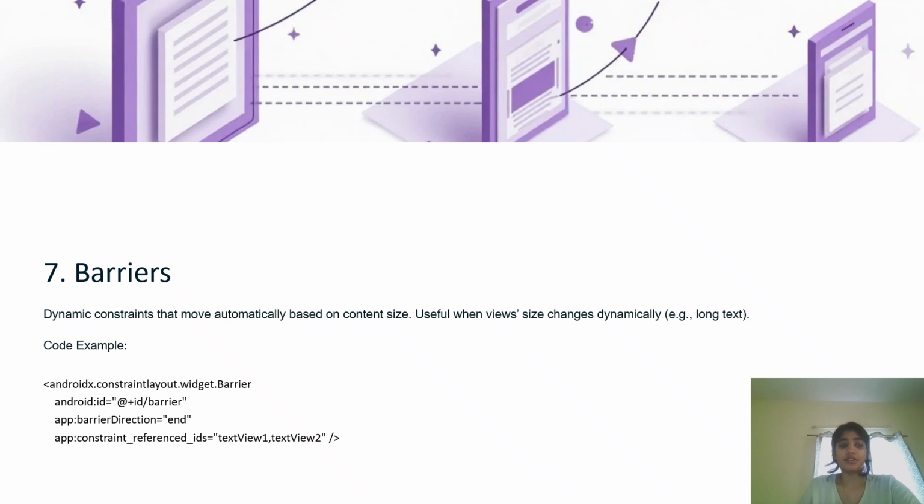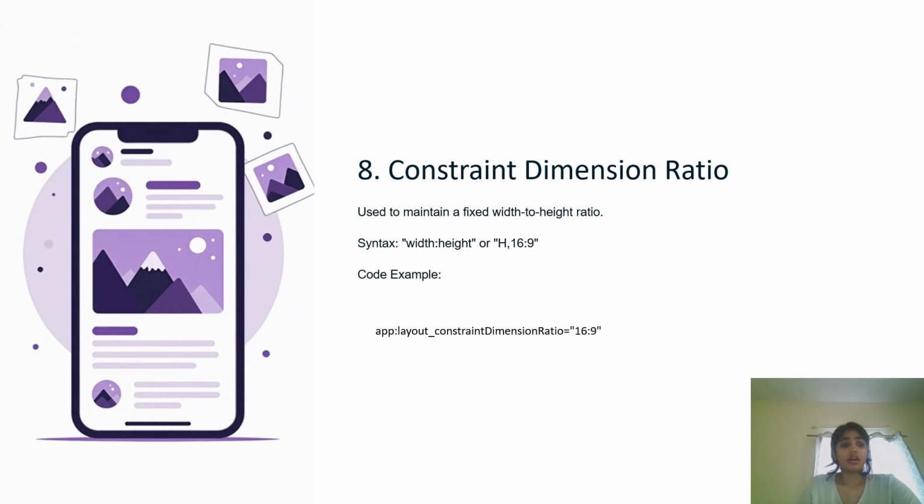Top means the top edge. Bottom means the bottom edge. And we are going to list the IDs of the views that the barrier depends on, and then we are going to close it.